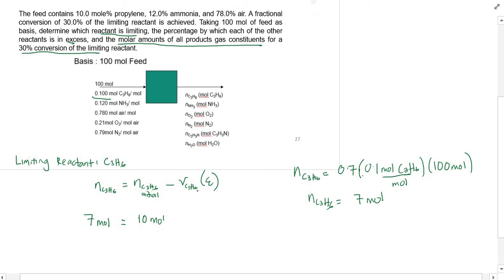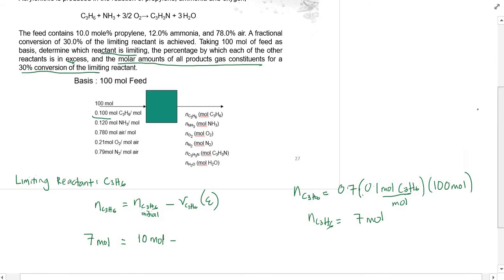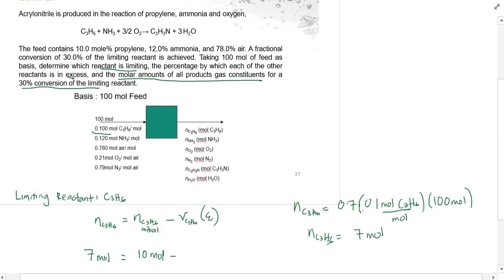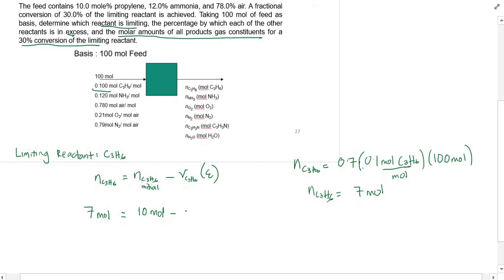Minus the stoichiometric ratio, minus because it's a reactant, 1, times the extent of reaction E, which is 3 moles. 10 minus 7 is 3.